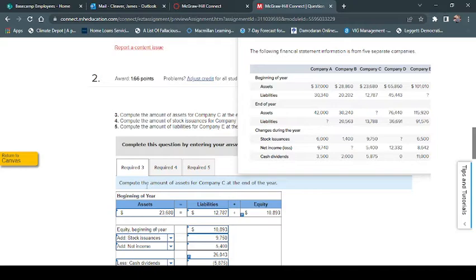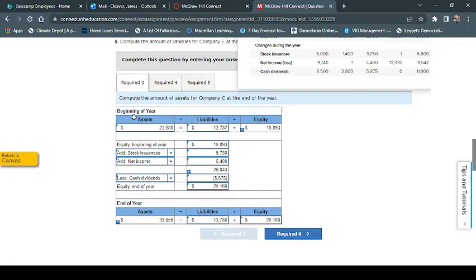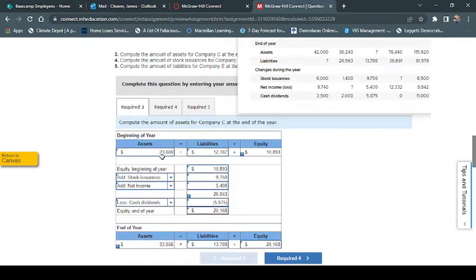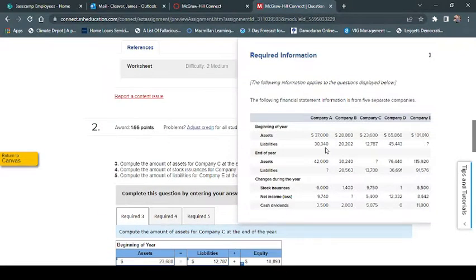So it always tells these three items, 3, 4, 5, are right down here. Item 3, compute the amount of assets for company C. Well, how would I do that? Here's company C. End of the year assets. So I had beginning of the year assets 23,12,787.